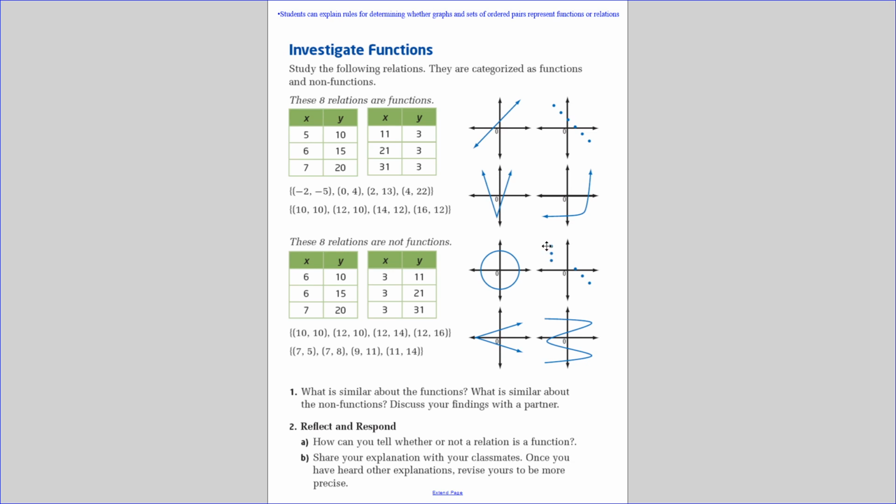For these dots, this x value down here has three possible y values. For this relation here, there are two possible y values for each x value. For this one, there are about four possible y values for each x value. So anytime there is more than one possible y value for an x value, it's not a function.